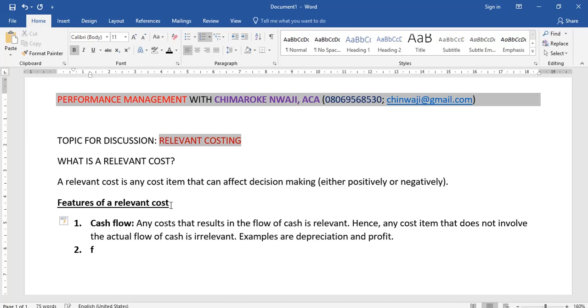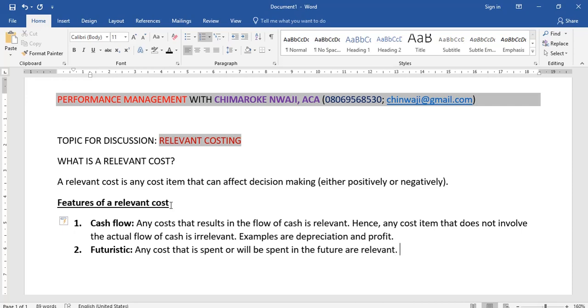So let's look at another feature. They are futuristic. That means any cost that is spent or will be spent in the future is relevant.